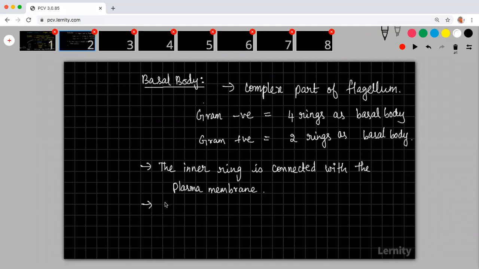The outer ring is fixed with the peptidoglycan layer.